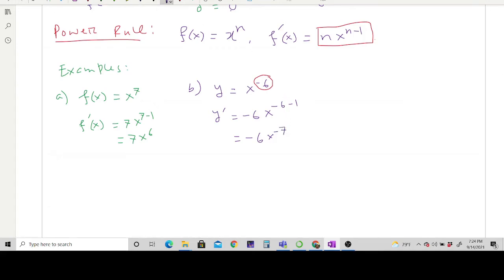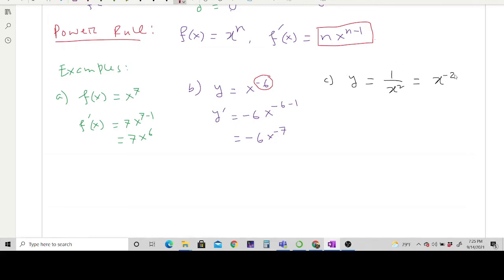Okay, one more example. Say y equals 1 over x squared. So we can simplify this, which equals x raised to the power negative 2. If we take the reciprocal, you just change the sign of the exponent.